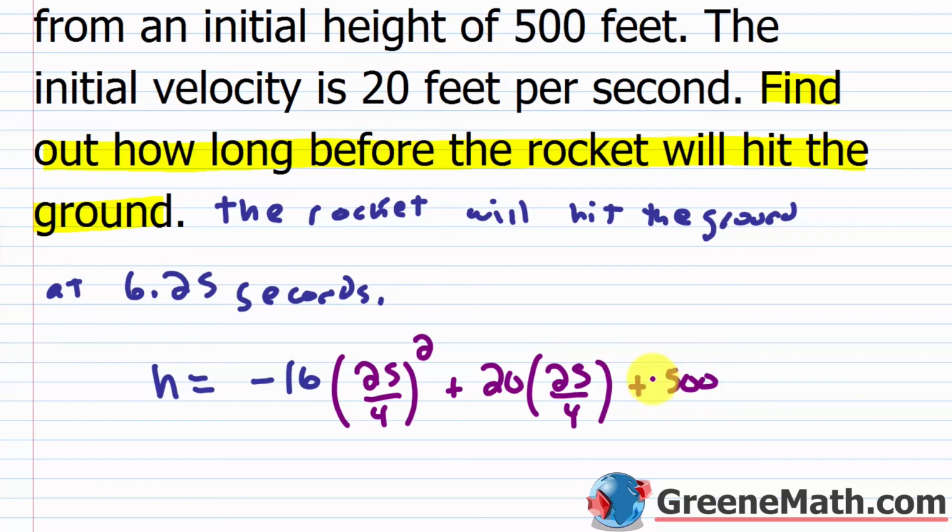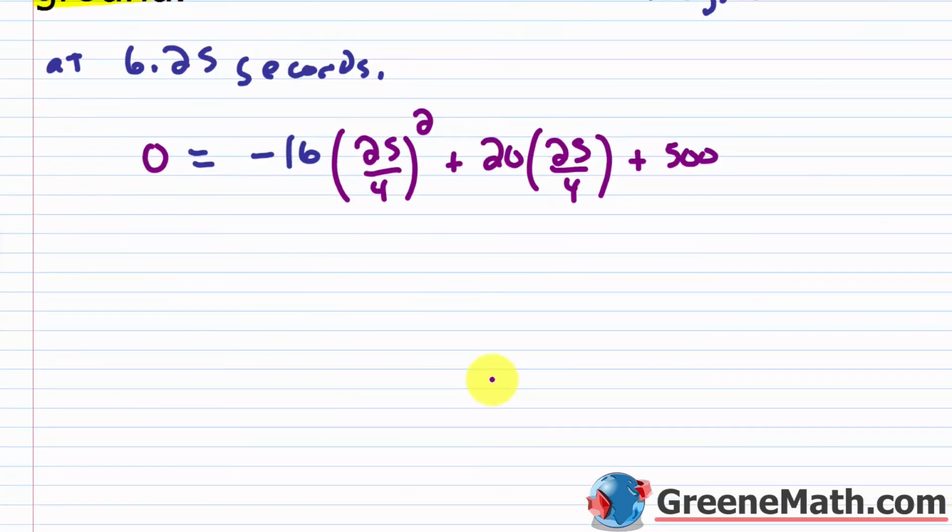So that's 500 feet. Okay, so h is supposed to be 0. So we just check this, make sure we got the right answer. So let's go back down. 25 squared is 625, 4 squared is 16. So this would be 625 over 16. This guy's going to cancel with this guy and give me a negative 1. So this would basically be negative 625 here. And most of you can already see this is going to work out.